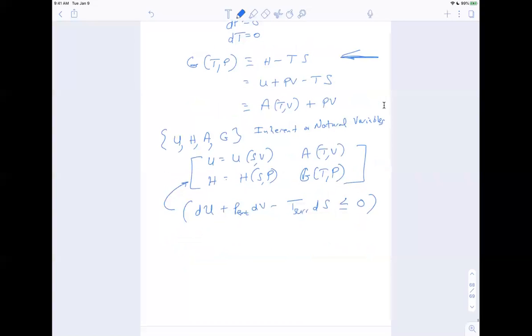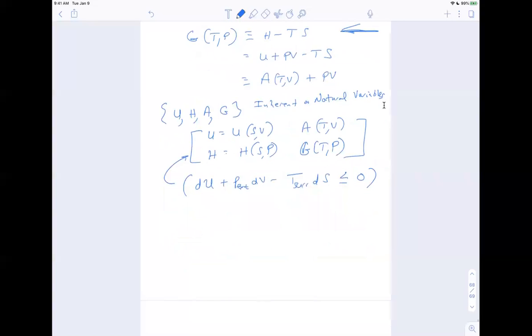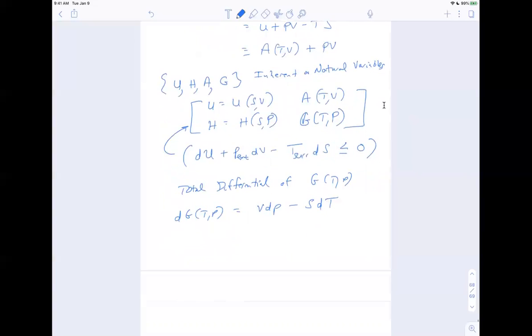Okay, so we have this thing called G. G is a function of temperature and pressure. The total differential of G of temperature and pressure is dG equals V dP minus S dT. Okay, so that's the total differential.